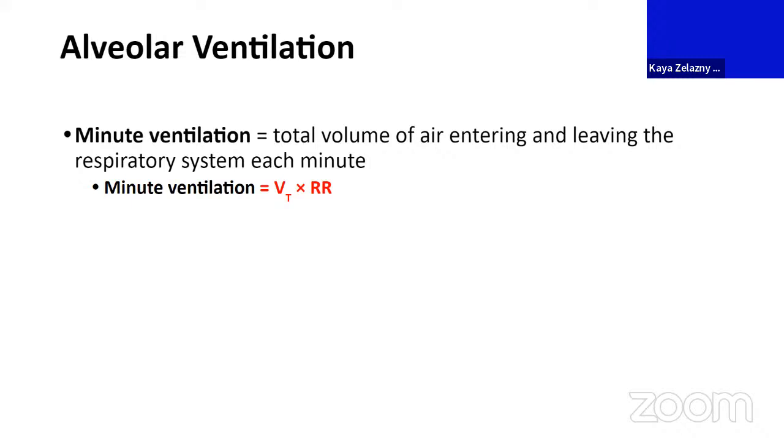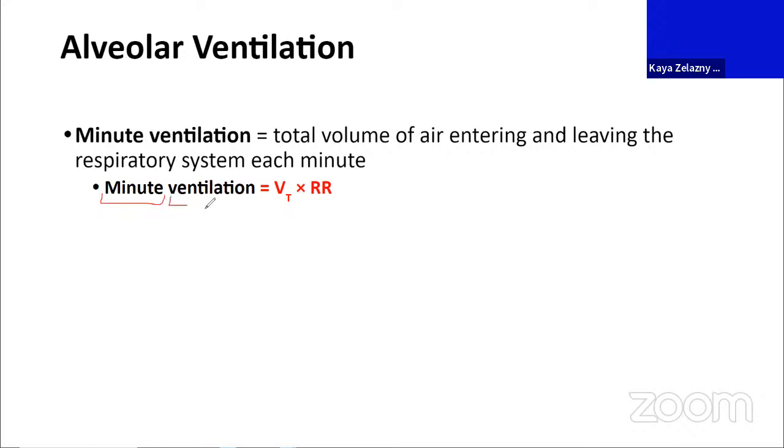Okay, so what we're going to begin with is a concept called the minute ventilation, right? So the minute ventilation is really just what it says on the tin. So in a minute, how much are you ventilating? So how much air is coming in? So to do this, we take our tidal volume. So we're assuming people are just taking normal, easy breaths, which is usually about 500 milliliters, okay? We're going to multiply that by our respiration rate.